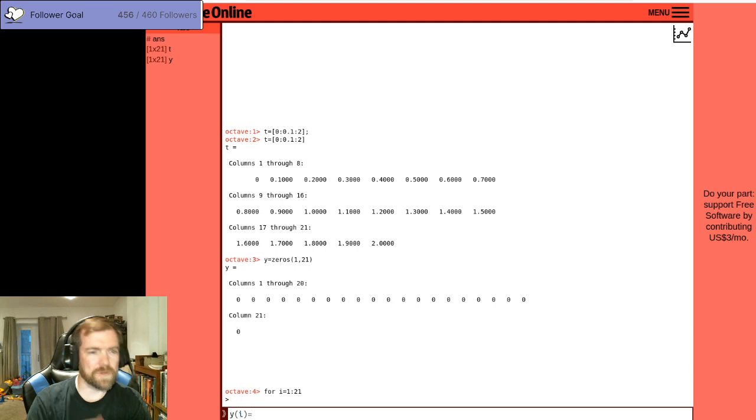y of i is going to be equal to... make sure I didn't completely mess this up. Okay, hang on. We wanted to find f first. So f being our derivative function, we're going to have this be 4 minus t times y.